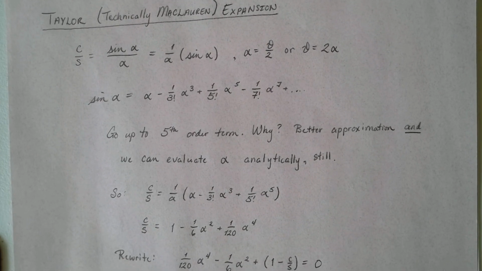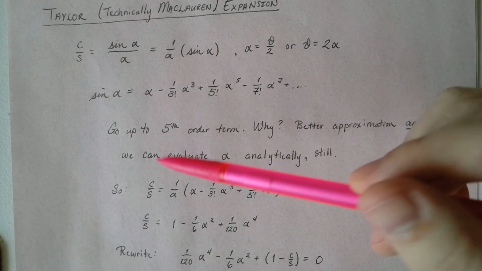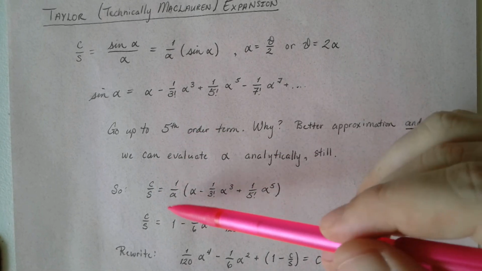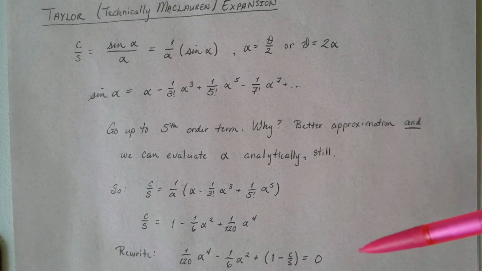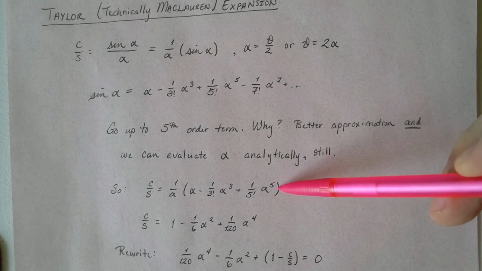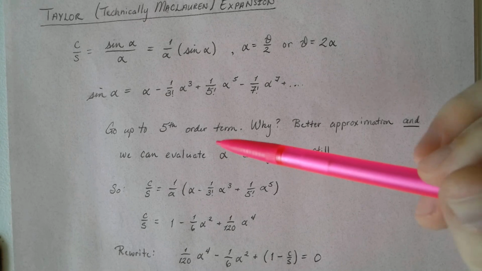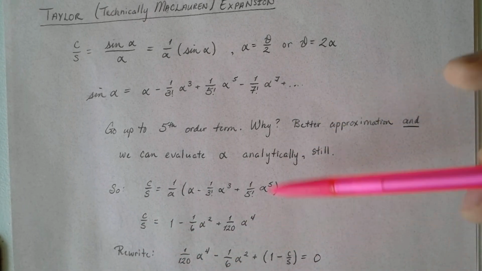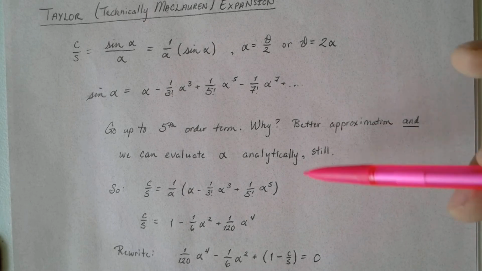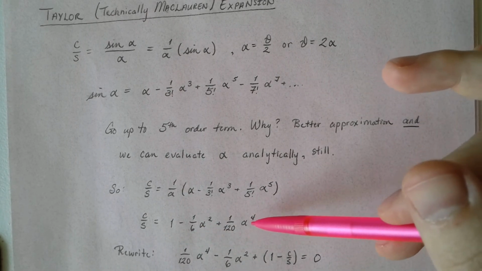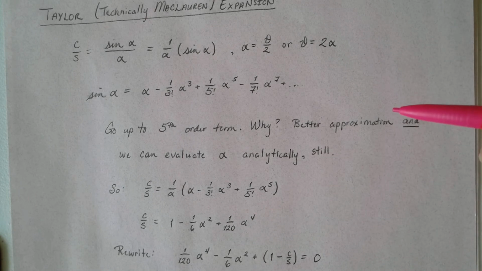So, technically this should be approximately equal to this, as I'm taking only up to the fifth order term for the Taylor expansion of sine alpha. We then get this equation here, which reduces, because we have a 1 over alpha here, to a polynomial of alpha to the fourth.